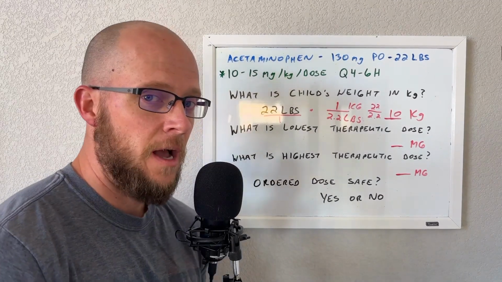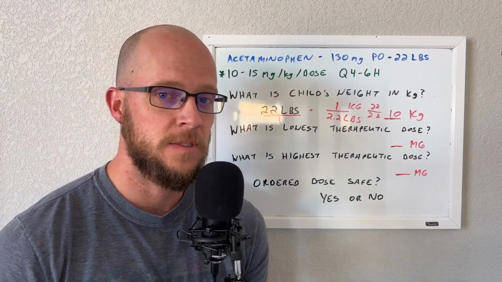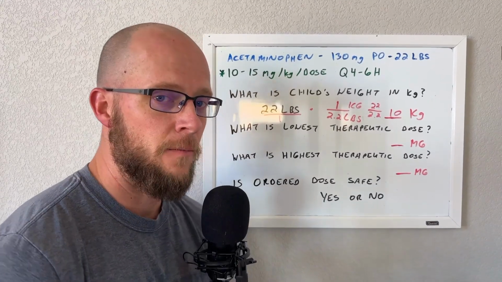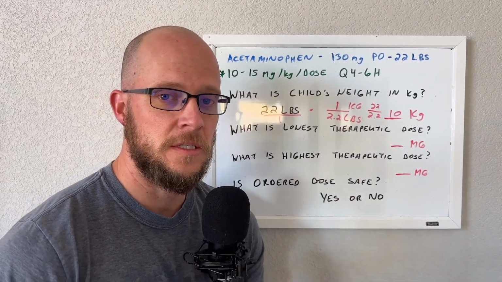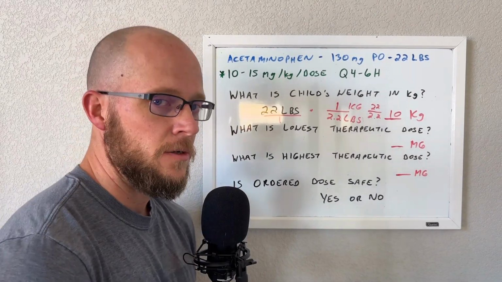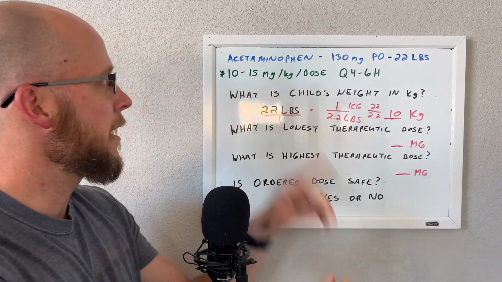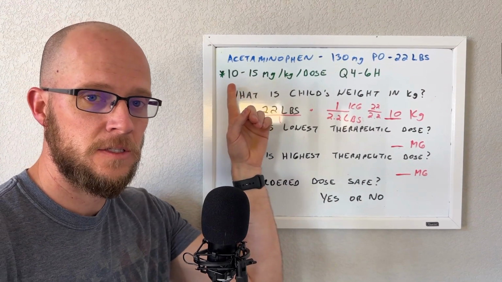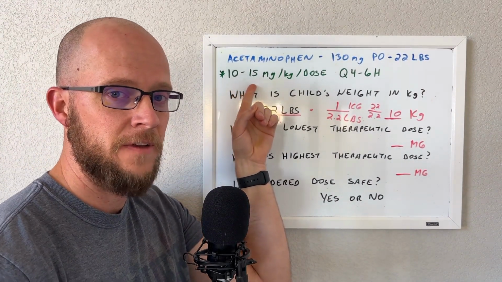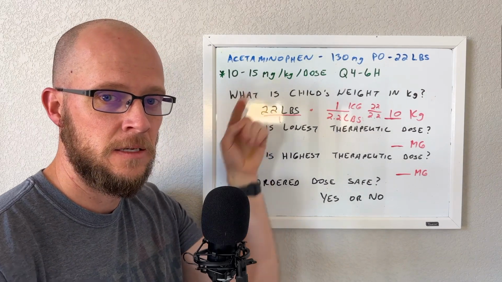So now that you know how much this kid weighs in kilograms, now we can figure out the therapeutic dosing, and then what your dosage is, the high and the low on there. So when they say lowest therapeutic dose, this is what this is talking about here. So your 10 milligrams per kilo per dose, that's your lowest. 15 is going to be your highest.